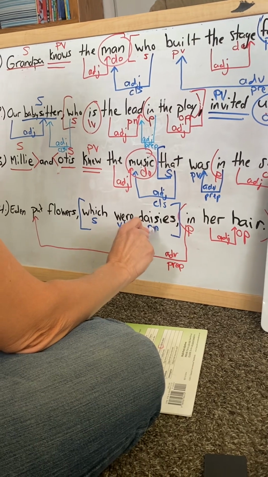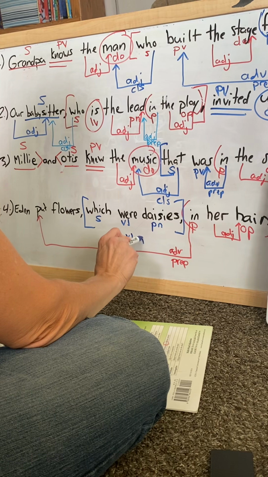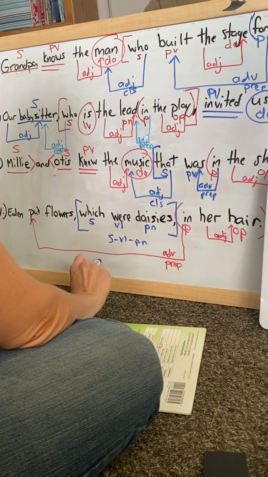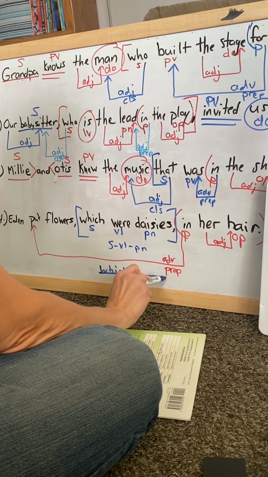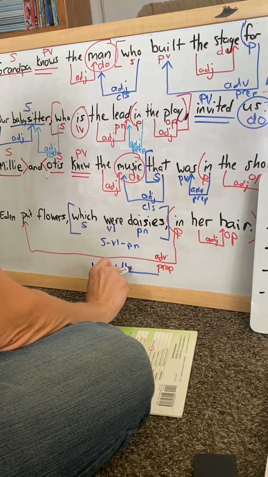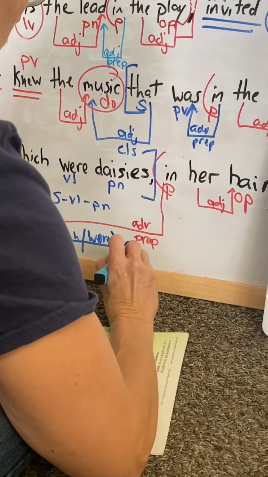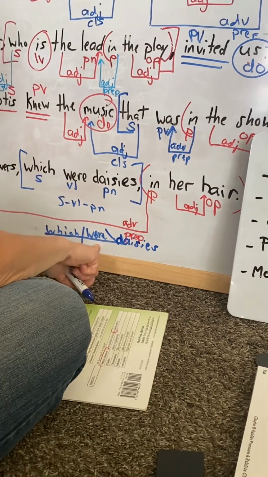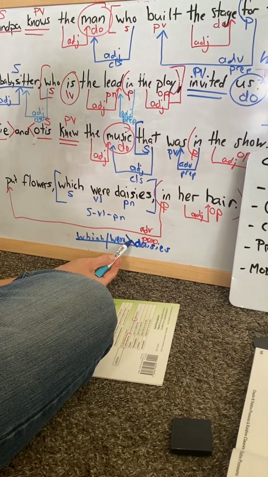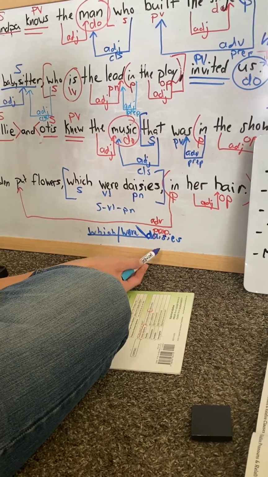Predicate nominative. So it'd be like an SVLPN. And to diagram that would look like this, remember? Which were, slant a line to tell us more about the subject, predicate nominative, they were daisies.